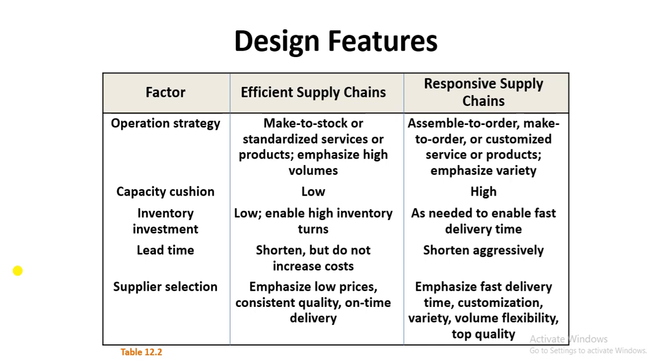On the other hand, if we are using responsive supply chains, in that we will choose the assemble to order strategy, which is being used for the inventory and for making products, or you can choose the make to order or customized products based on the specific requirements from the customer.